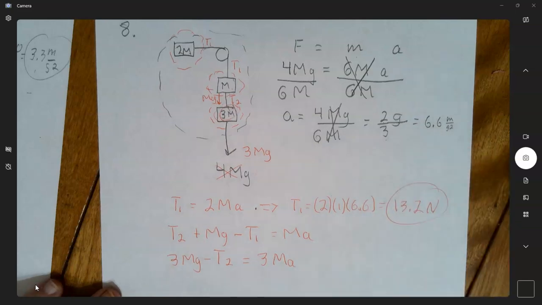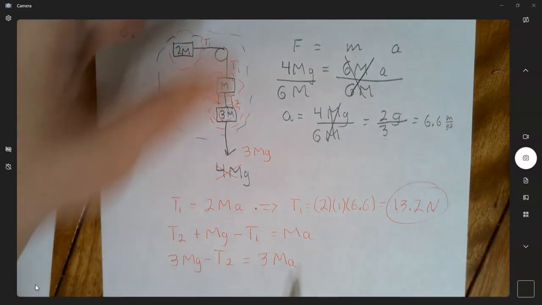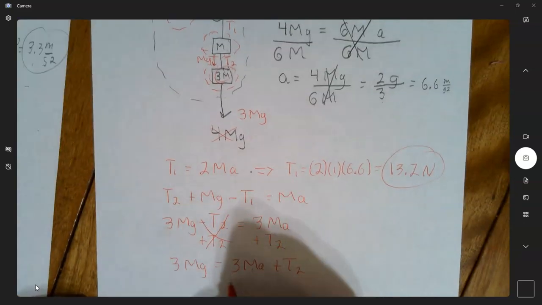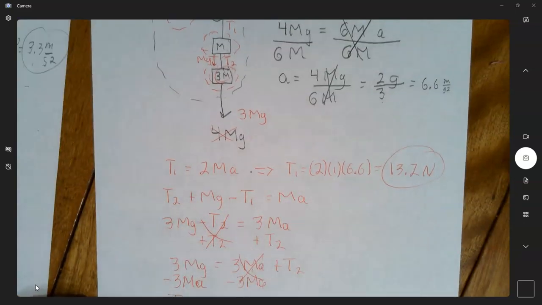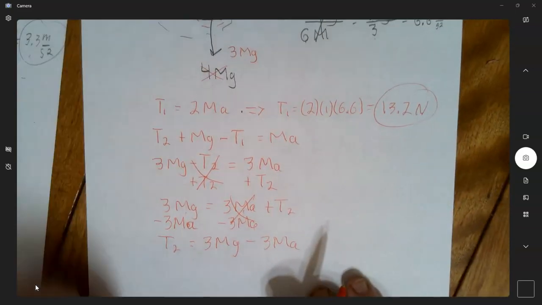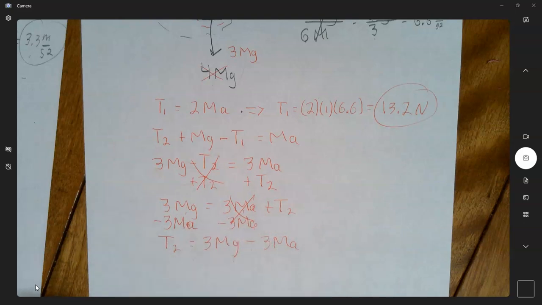So there's T1. For T2 down here, I just have to do a little algebra. Now subtract this. Place T2 over on the left. Okay, all I did was the algebra step here. So there you go.